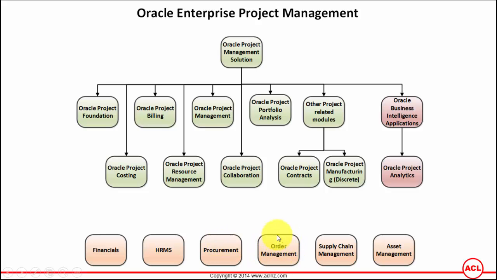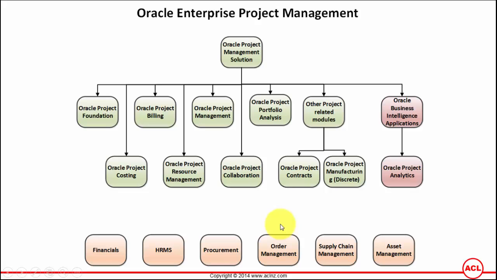Then comes order management. Order management is more on the customer side of things, and it integrates more with Oracle project billing and indirectly with project management. For example, for a customer order in relation to services, you may want to create a service contract for that order.